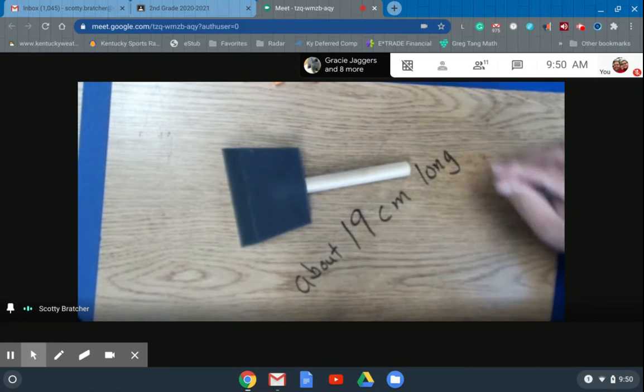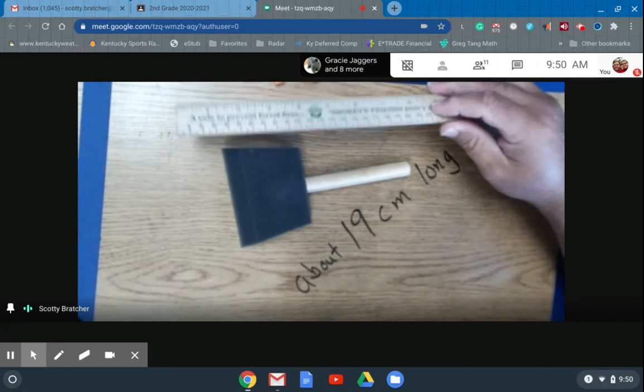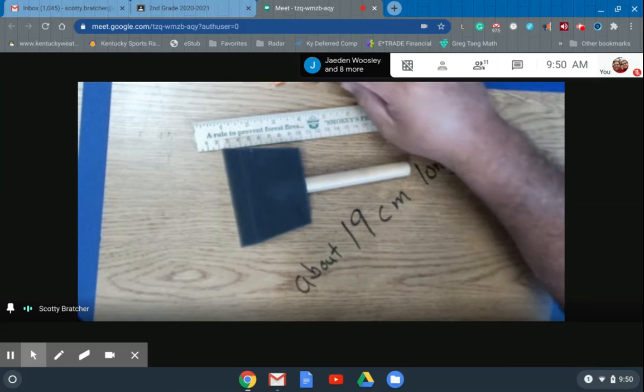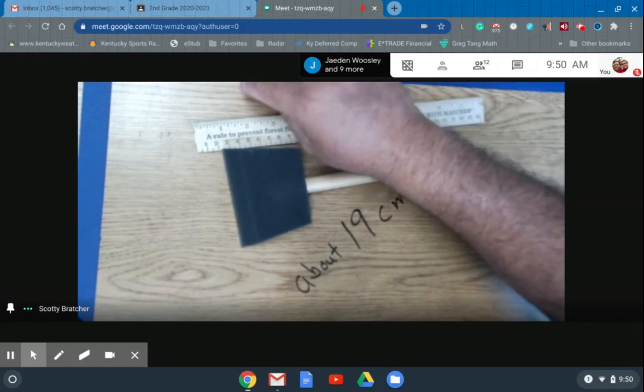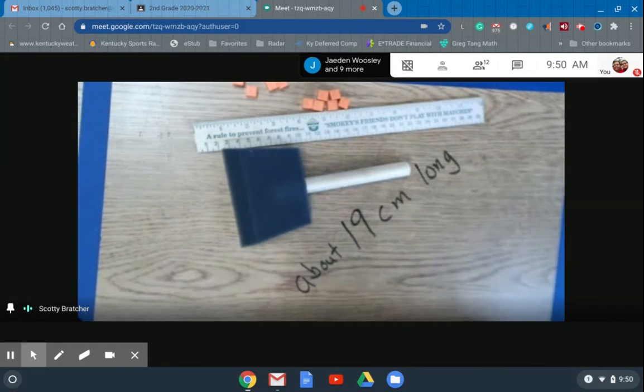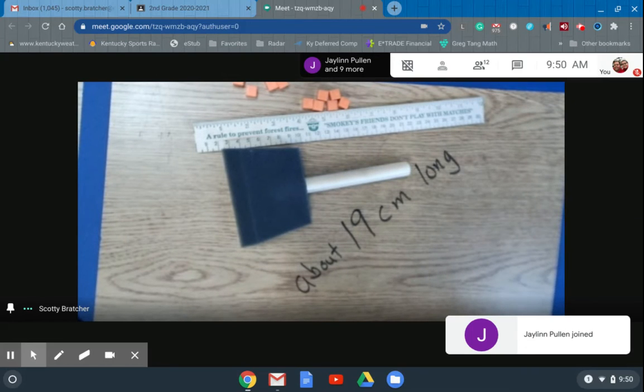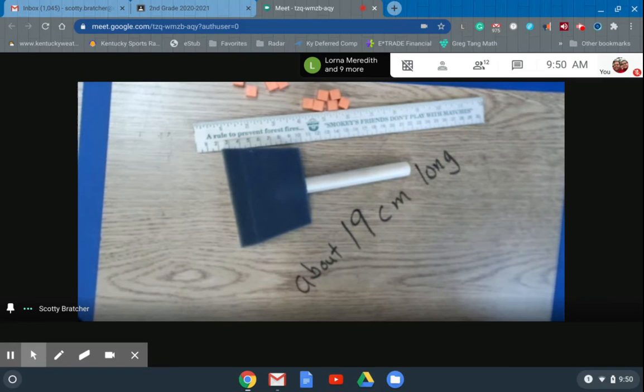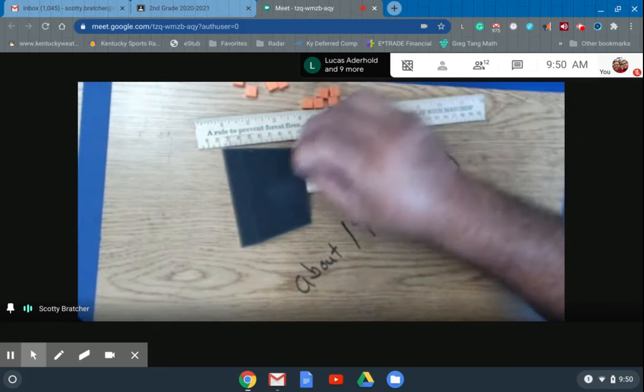All right. Who can put in their own words why I used the ruler instead of the cubes? Ella. Because there wasn't really a way to figure it out with the cubes, but there was a way to do it with the ruler.